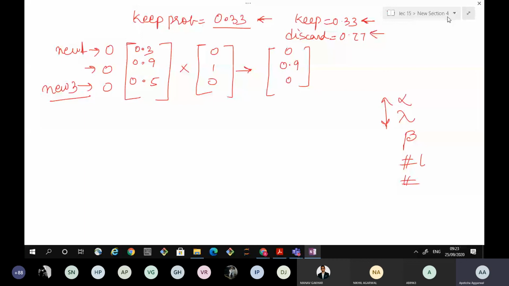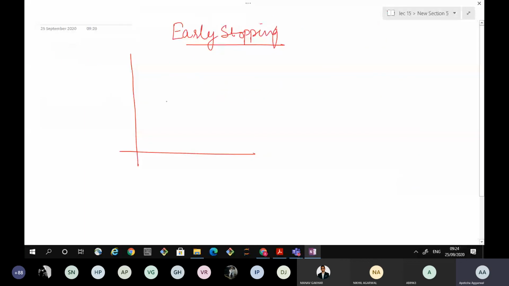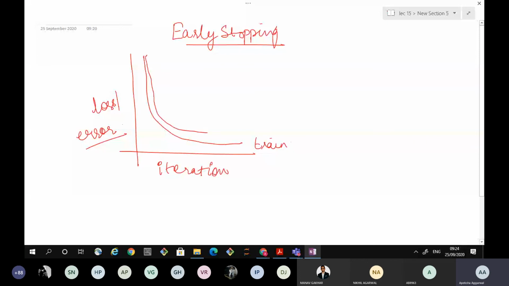Okay, so let's come to early stopping. We have seen that my model is working fine if my loss, error or cost is reducing at every iteration. This is for training data, and for testing data it should also perform similarly.